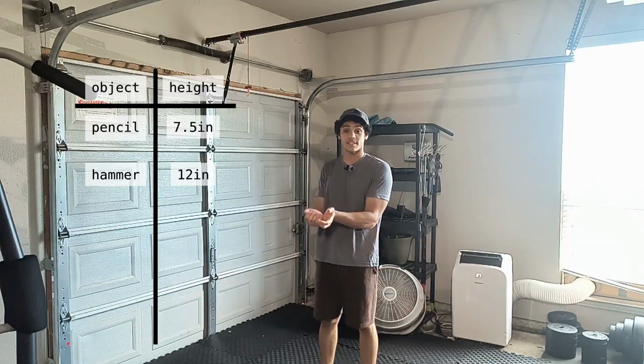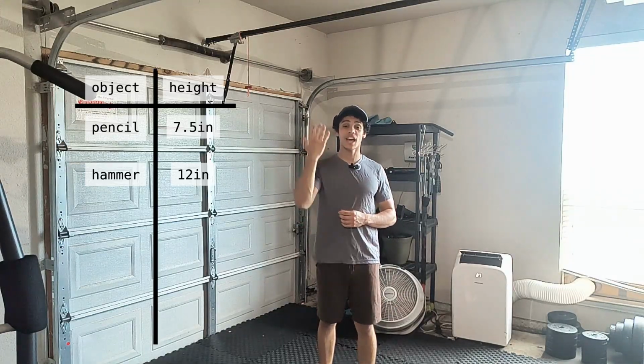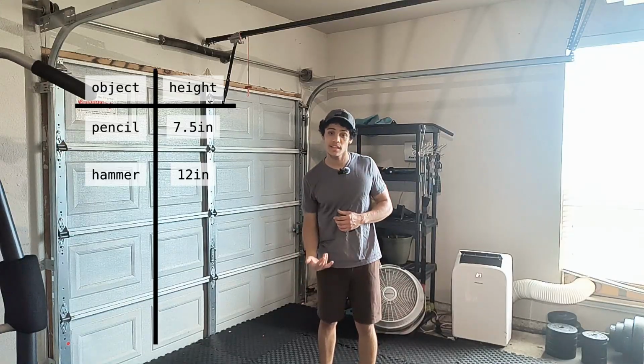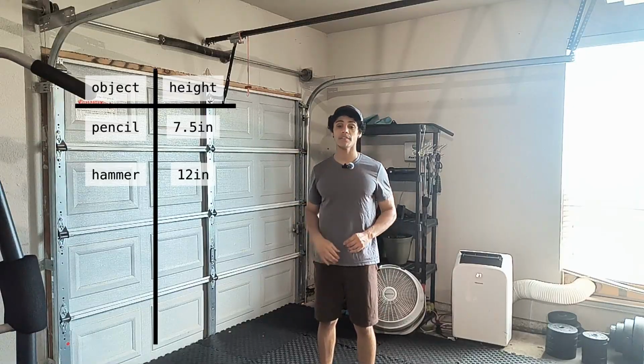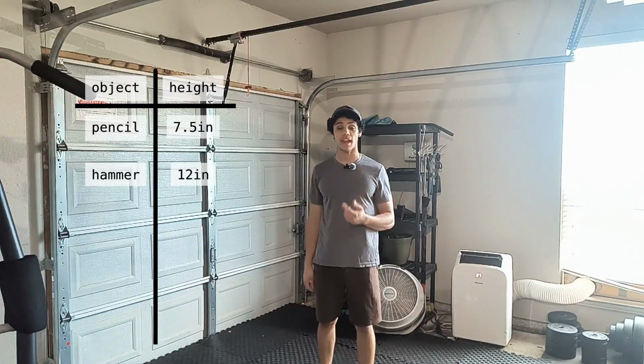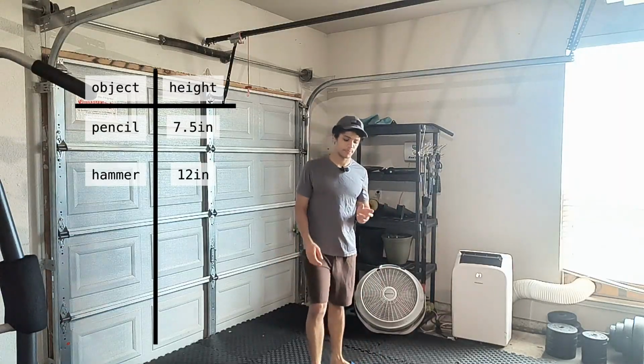You can easily look and see, well, there's an object category and there's a height category. This is the height. This tells you all the height, and this tells you what object that height corresponds to. For example, the pencil corresponds to that height, and the hammer corresponds to that height.